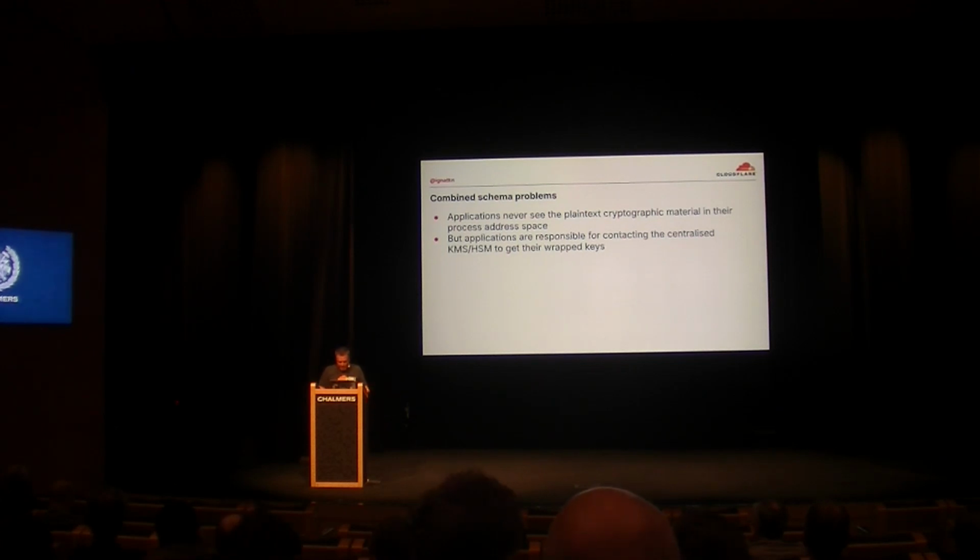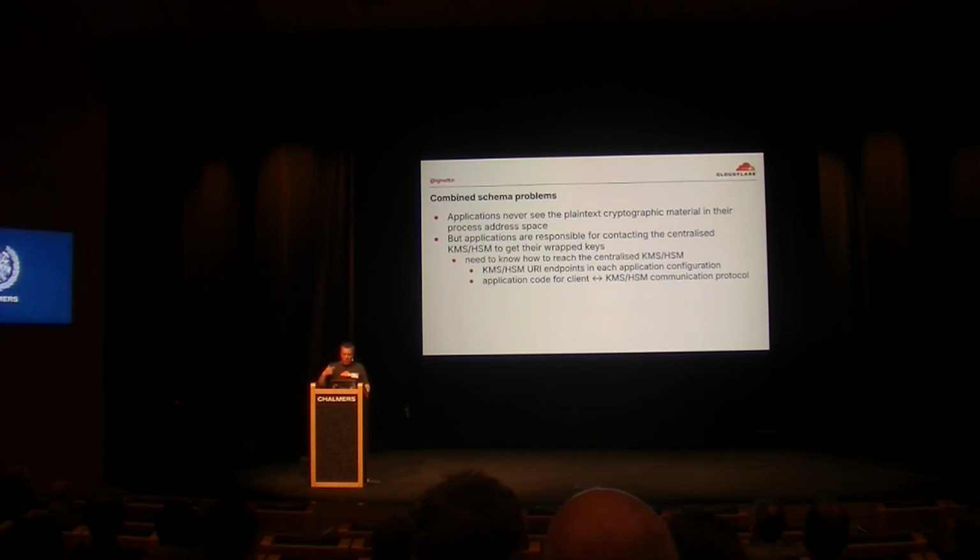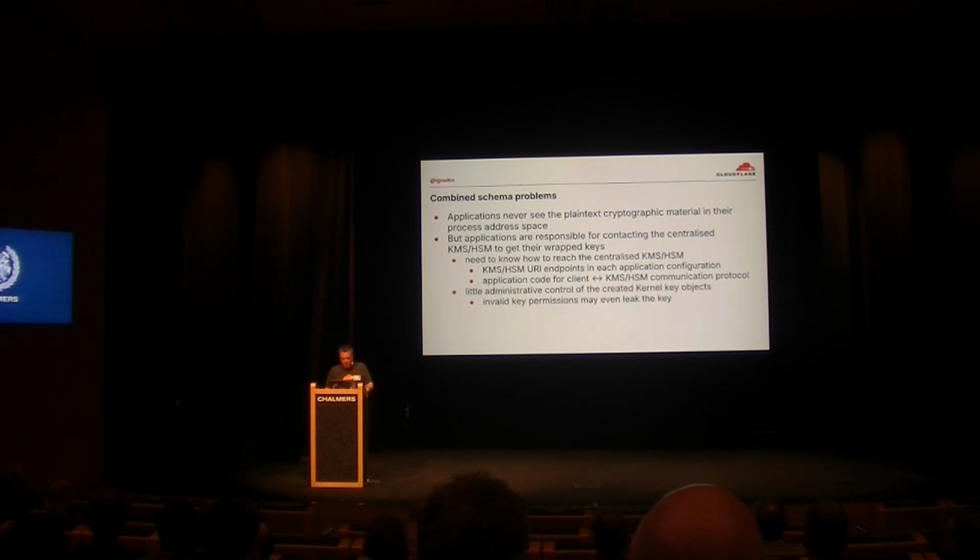Your application needs to know how to reach the centralized KMS, HSM, or whatever key management system you use. It has to encode its URI in a configuration file, and you have to bundle that application code or SDK into your code to actually talk to it.